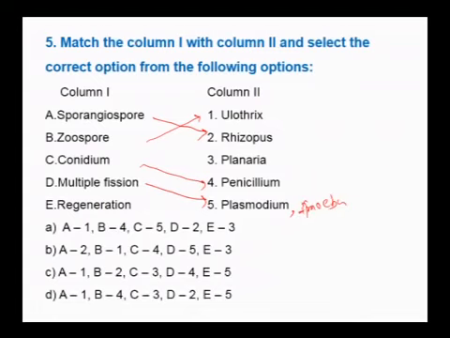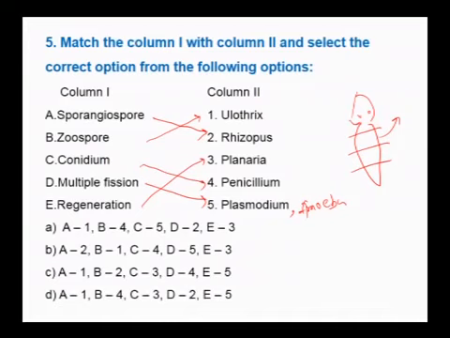Then regeneration can be seen in planaria, which belongs to flatworms, that is platyhelminthes. Even when a planaria body is cut into fragments, each fragment may develop into a new planaria, which is called morphallaxis.